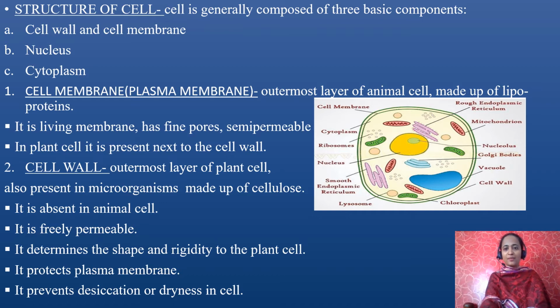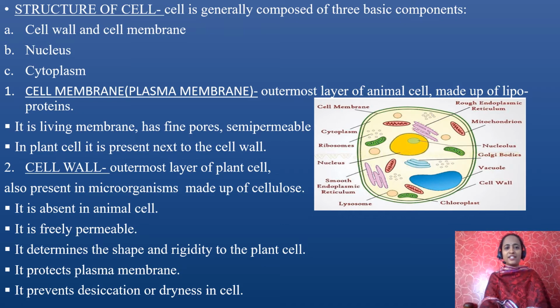The cell membrane is a living membrane. It has fine pores, meaning small holes, and is semi-permeable in nature. Semi-permeable means it allows only a few substances to move in and out, but not all. That is why the cell membrane is called a semi-permeable membrane.